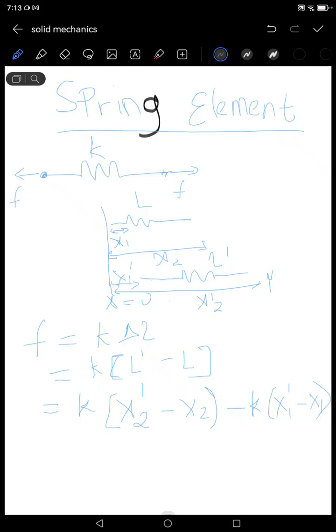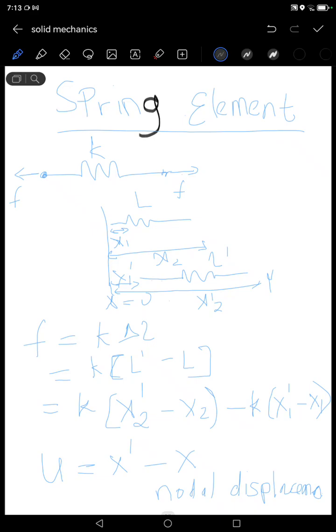When we write the nodal displacement, we write it like this: U equals x prime minus x. We call it nodal displacement.